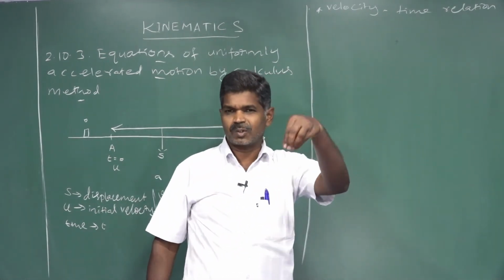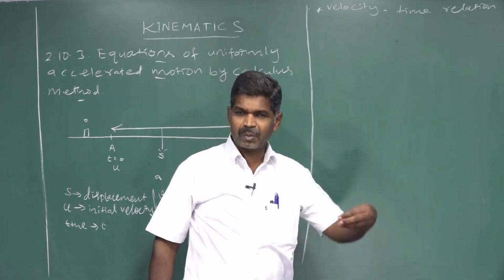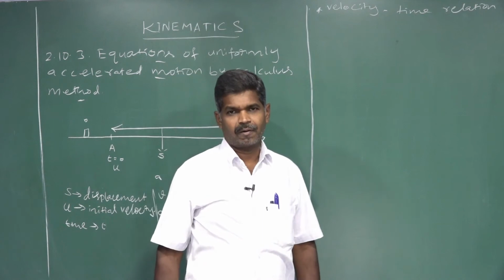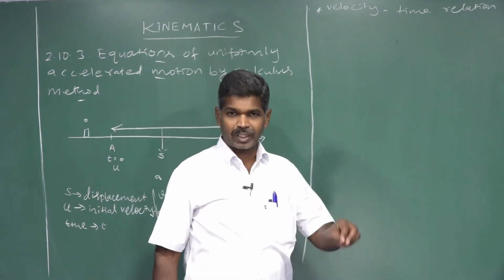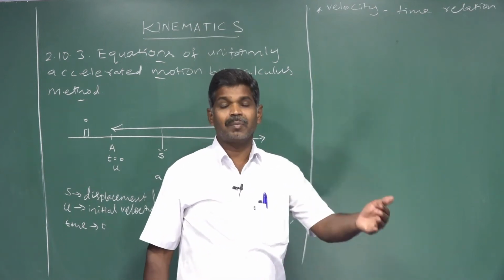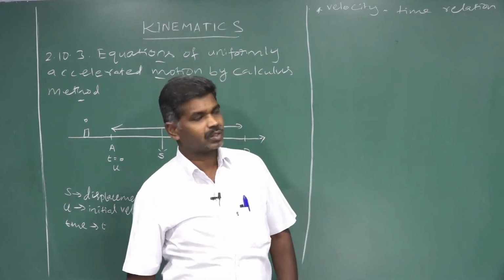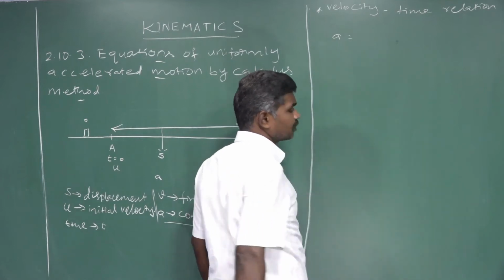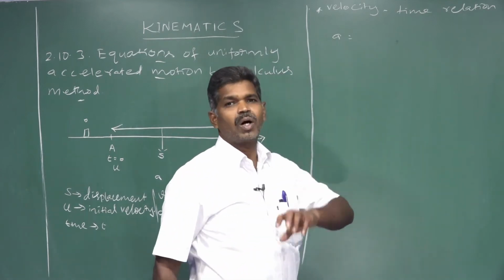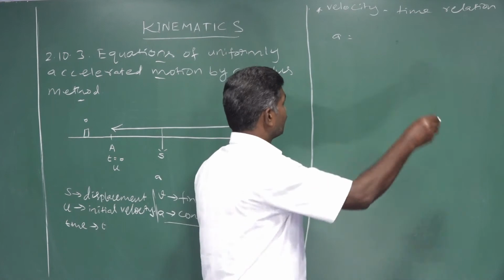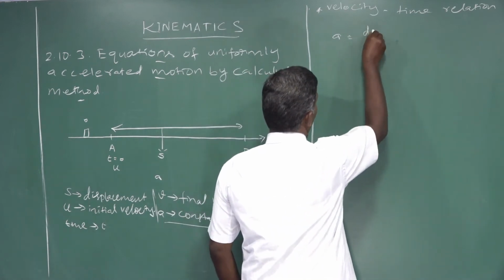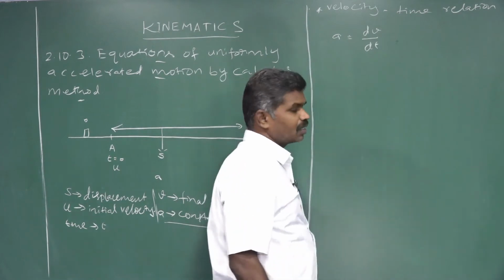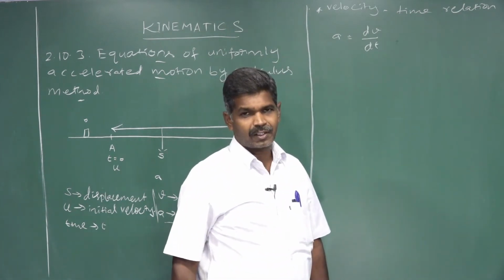Velocity changes with respect to time can be defined as the first derivative of velocity with respect to time, which is called acceleration. So acceleration can be taken as the first derivative of velocity with respect to time. That is, a is equal to dv by dt.